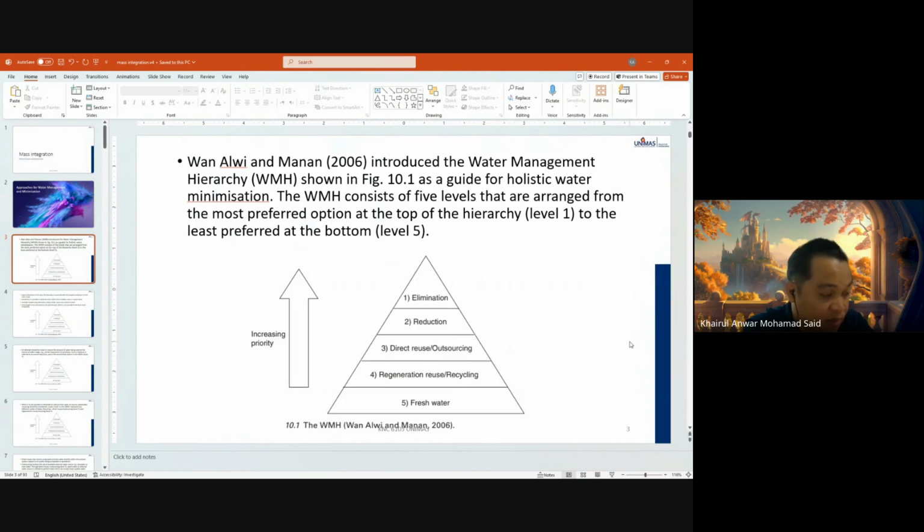Yes, you need to do some modification since you need to reuse or outsource. Then the OPEX saving. The OPEX here refers to the use of fresh water. We don't want to use fresh water. We want to reduce it as low as possible because fresh water is expensive. So the OPEX savings are high, because you reduce both freshwater purchase and the wastewater discharge fee.